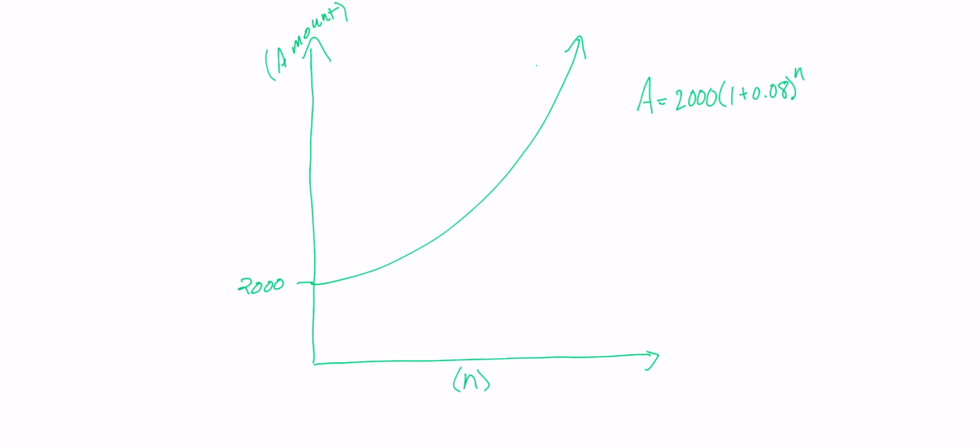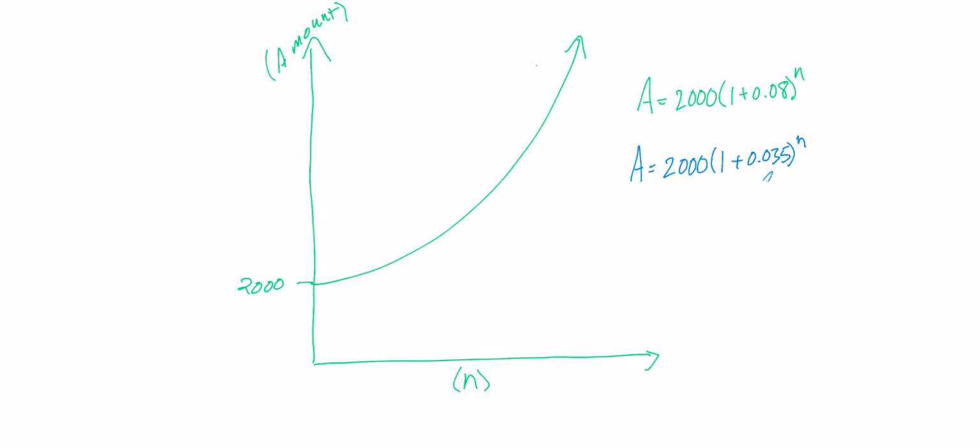Now, the next equation that we used today was A is equal to 2000(1 plus, well, 0.07 divided by 2 is 0.035) raised to the n. Now, you'll note that everything else is the same. The n value is the same, but the difference is our rates.